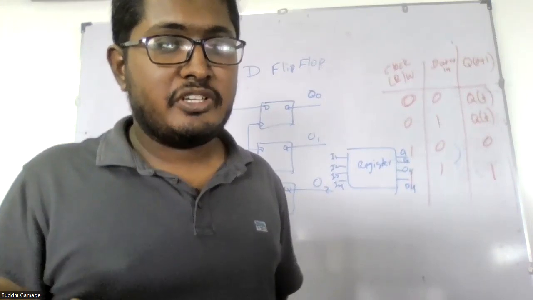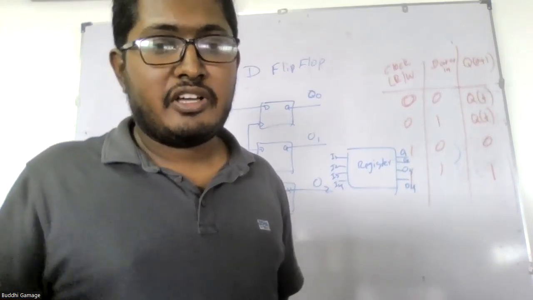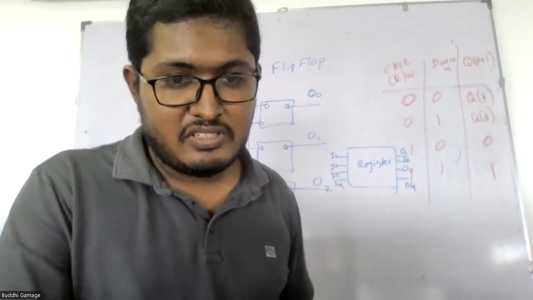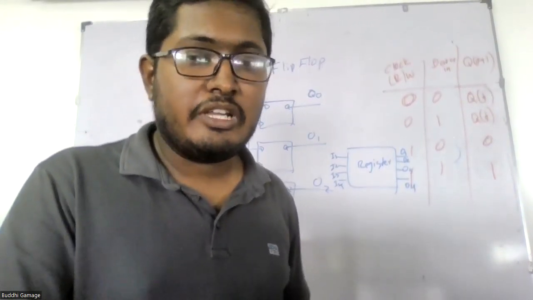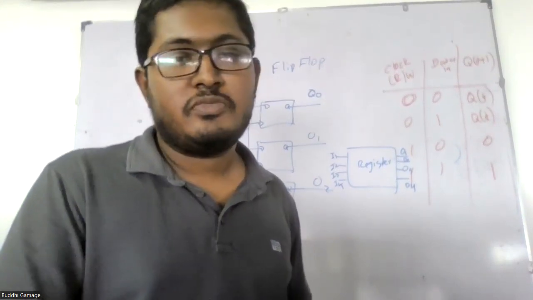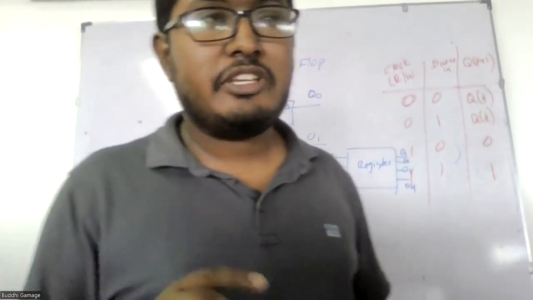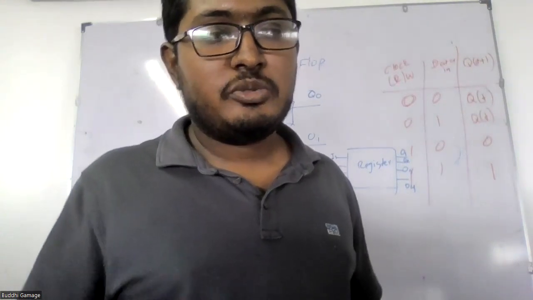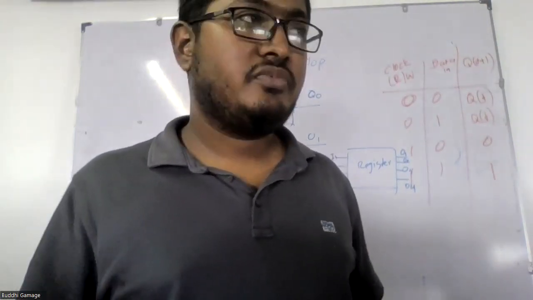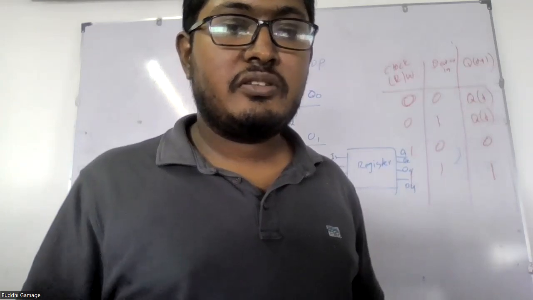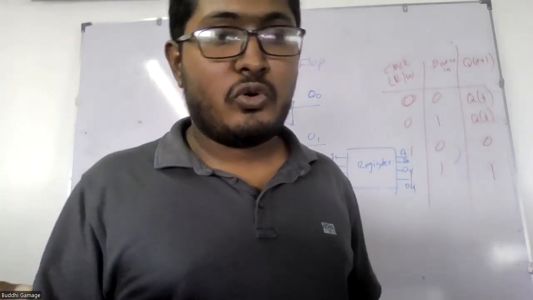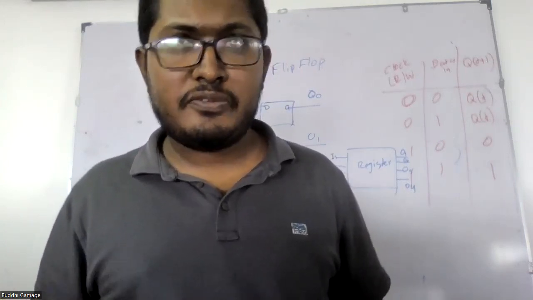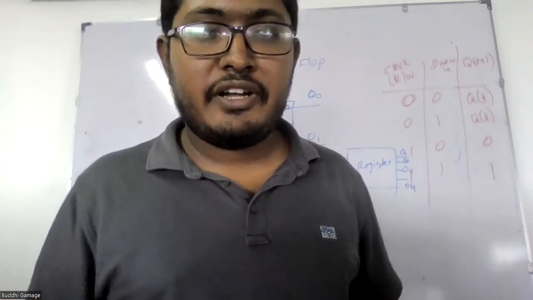From the decoder, it will identify which addresses are in reading and writing state, and it will only enable that particular flip-flop, right? Decoder means there are n inputs and 2 to the power n outputs, but only one will be enabled. So let's say we have 4 flip-flops, that means a 4-bit address.